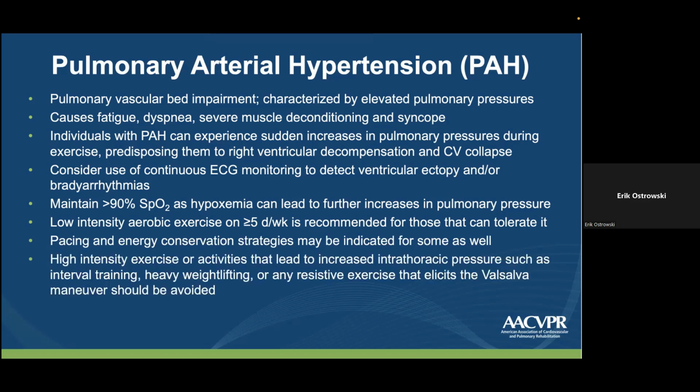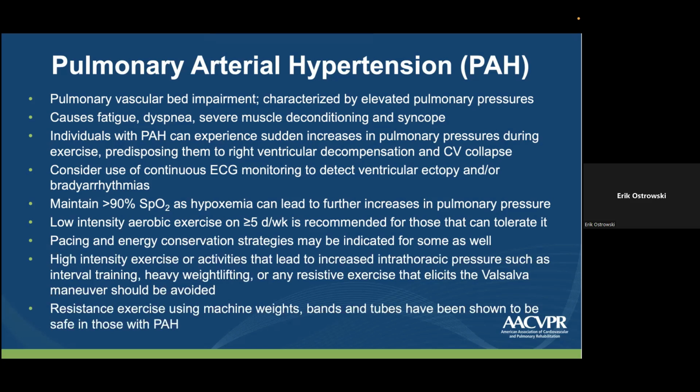And just remember that high intensity exercise or activities that lead to increased intrathoracic pressure, such as interval training, heavy weightlifting, or any resistance exercise that elicits the Valsalva maneuver should absolutely be avoided.